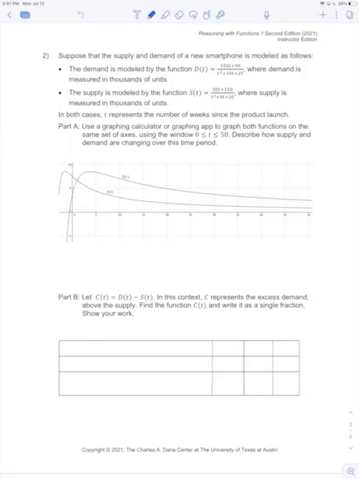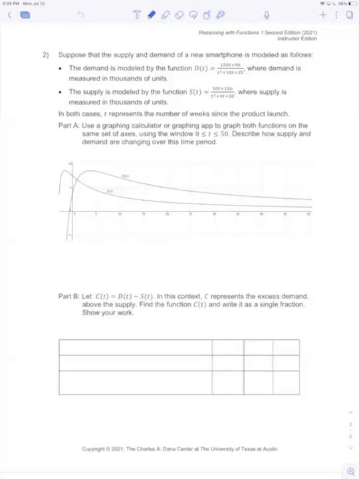Well, the two curves are listed here, and we can see how supply and demand are changing. We could say demand increases sharply over the first few weeks. And it even seems to peak around week 4.